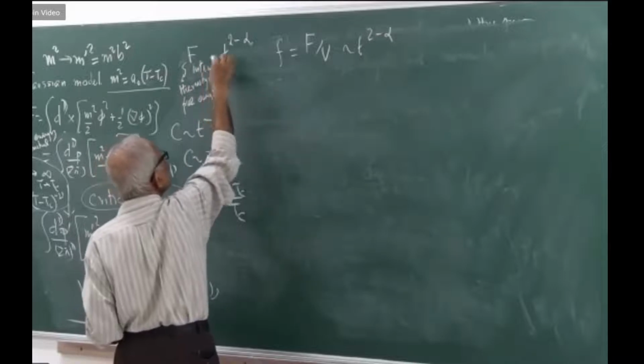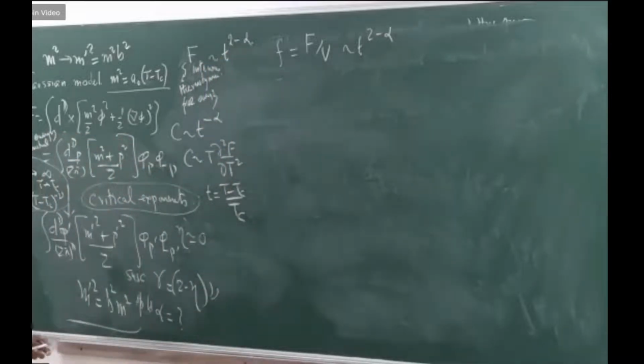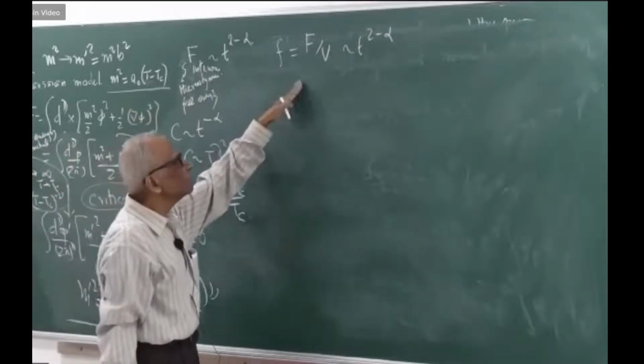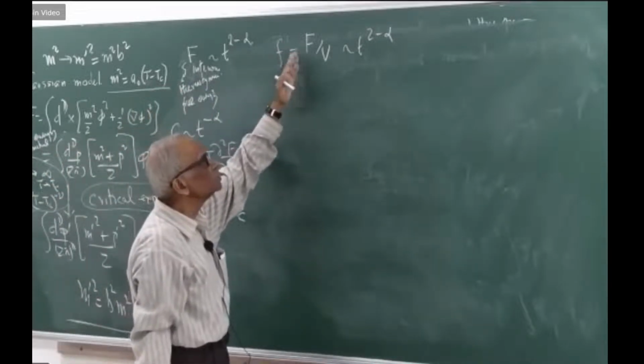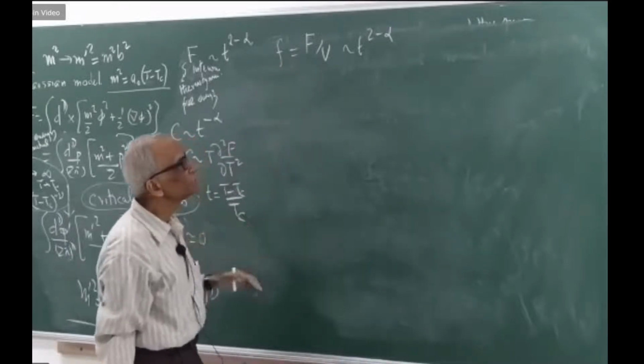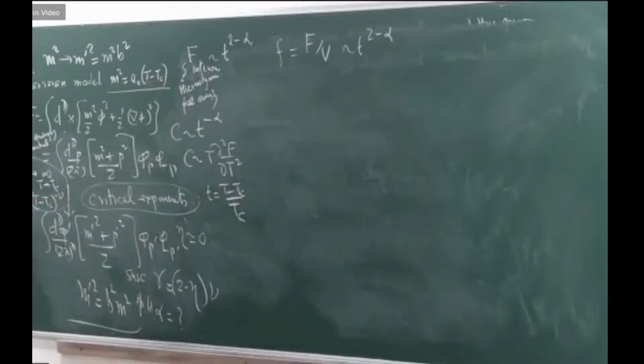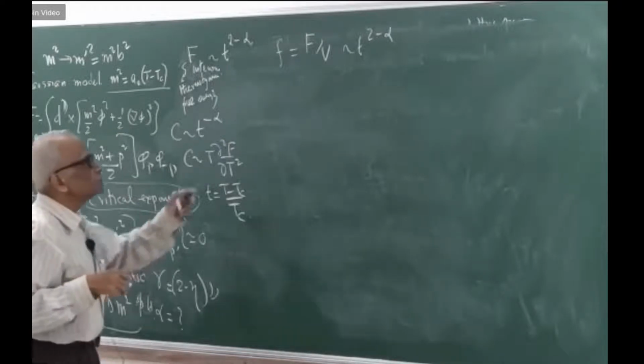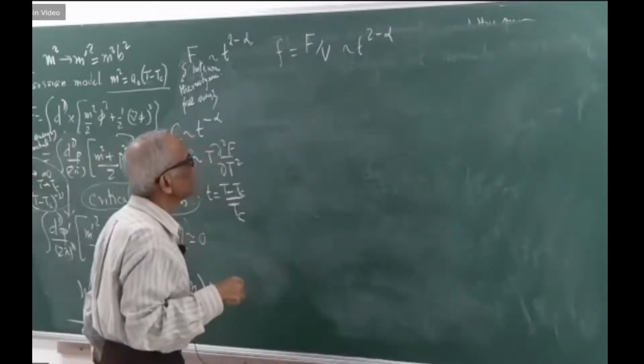When we say that it goes like T to the power 2 minus alpha, it is just the intensive part of it, which means that it is really F over V, the intensive free energy, which goes as T to the power 2 minus alpha. So it is little f which goes as this.